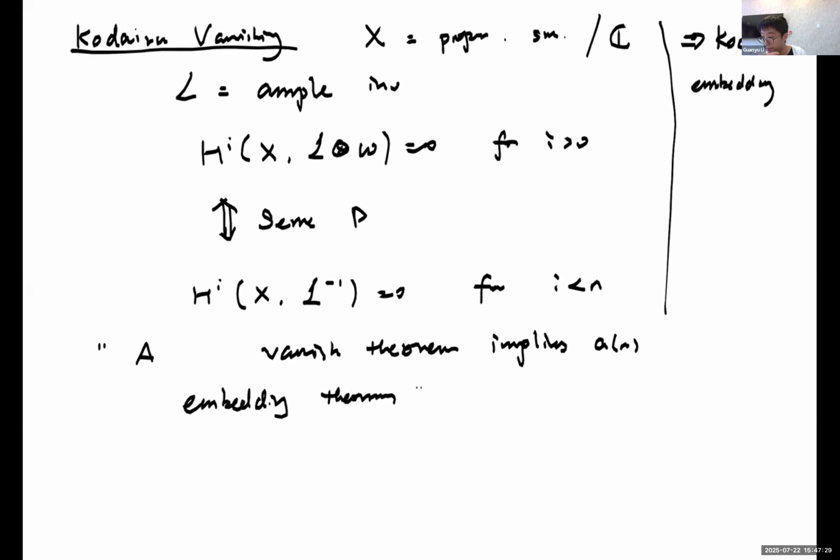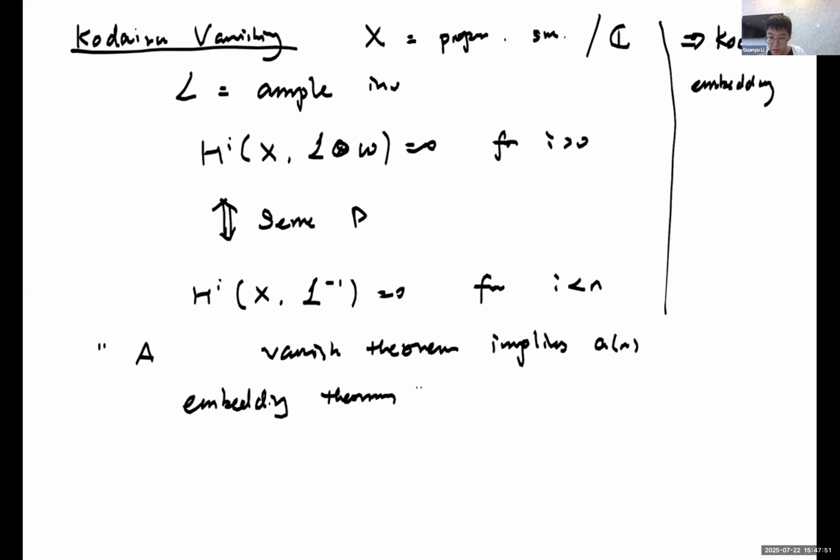Which basically gives you an ample line bundle, whether it's positive or not, the equivalence condition, really gives you for a compact complex manifold, when could it be embedded into projective spaces?